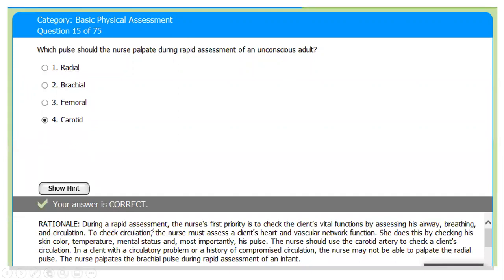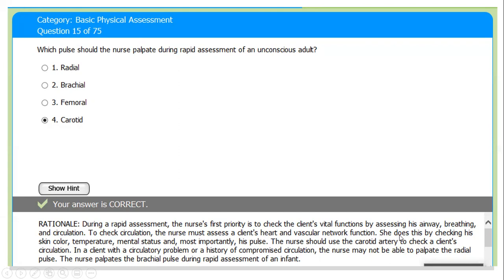During a rapid assessment, the nurse's first priority is to check the client's vital functions by assessing his airway, checking the breathing and circulation. To check the circulation, the nurse must assess a client's heart and vascular network function.